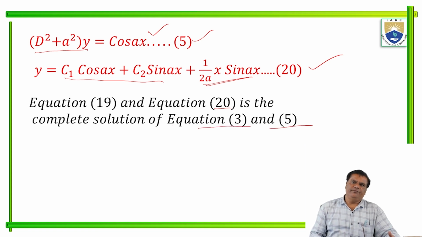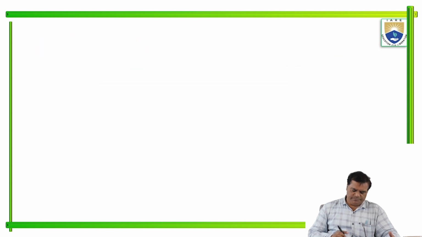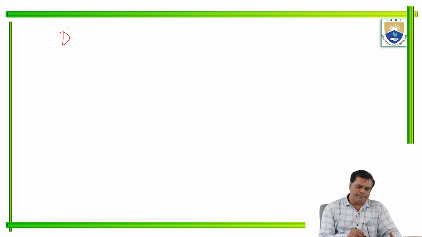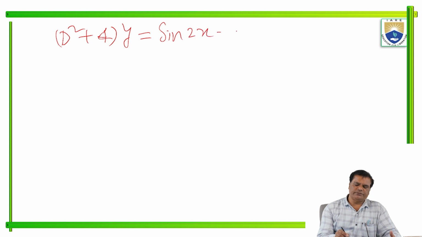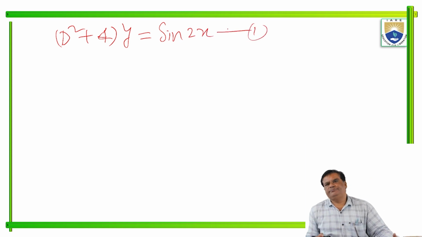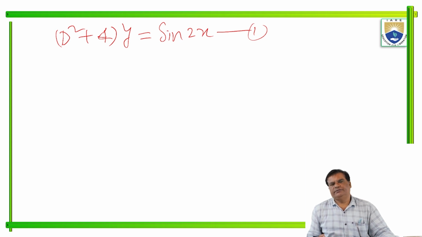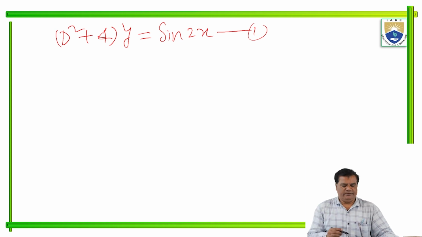So here we want to discuss some problems based on these two formulas. I am writing the problem here: D square plus 4, y equals sin 2x. This is the question. How can we find CF and PI? I am discussing it in detail.